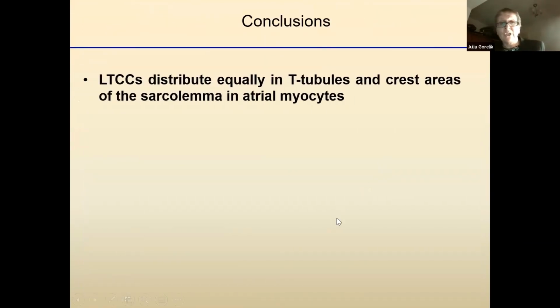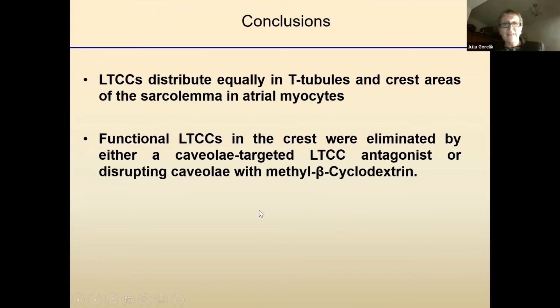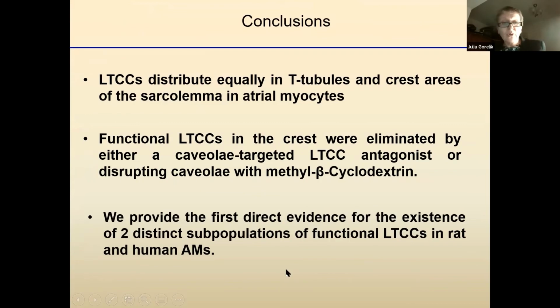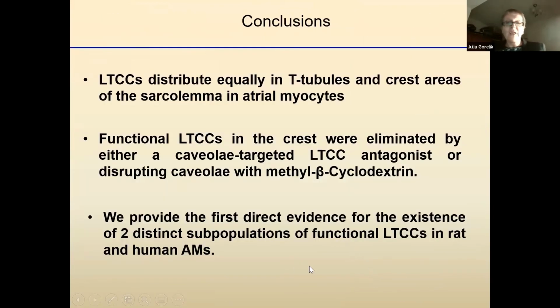And we found that LTCC are distributed equally in tubule and crest in atrial myocytes, and functional LTCC in the crest are eliminated by a caveoli targeted antagonist or by disrupting caveoli with the cyclodextrin. And we also provide the first direct evidence for the existence of 2 distinct subpopulations of functional LTCC in rat and human atrial myocytes. Also, this is what happens with ventricular myocytes.